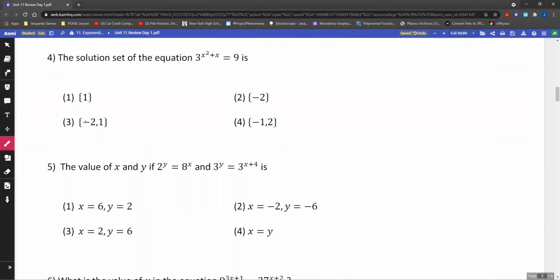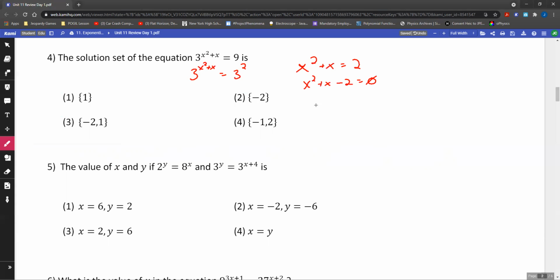All right, down to 4. Remember, the way that we solve these equations is by getting common bases. So I can rewrite 9 as 3 squared. Now that the bases are the same, I can set the exponents equal to each other. I move the 2 over to the other side, and now we have a quadratic that we have to factor.